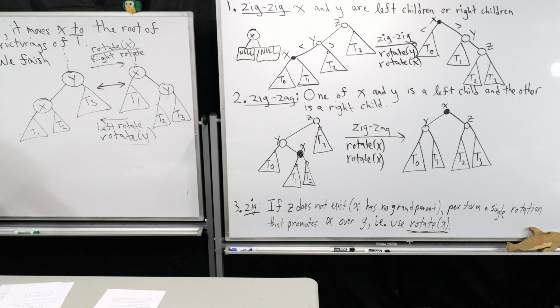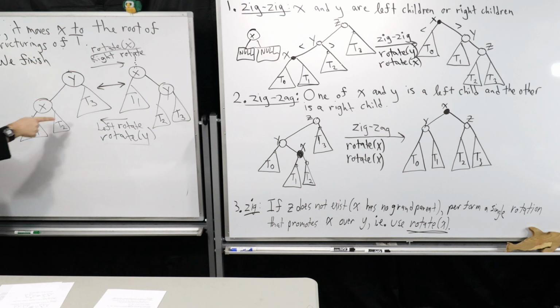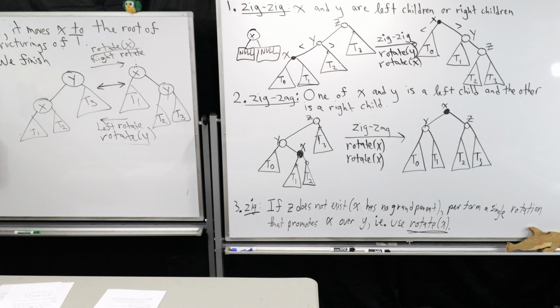So the third case is the zig. If Z doesn't exist, you just perform a single rotation on X. So you do rotate X. If you look at my picture I have right here, this is exactly what happens. Remember Y is the root, so there's nothing up here. All I do is perform rotate on X, and then I promote X to be now the root. These are really the three cases.